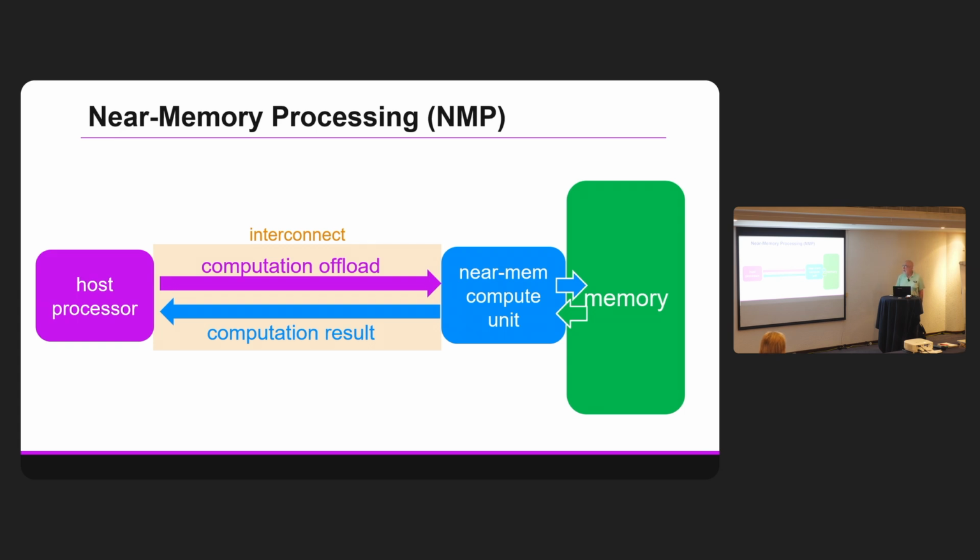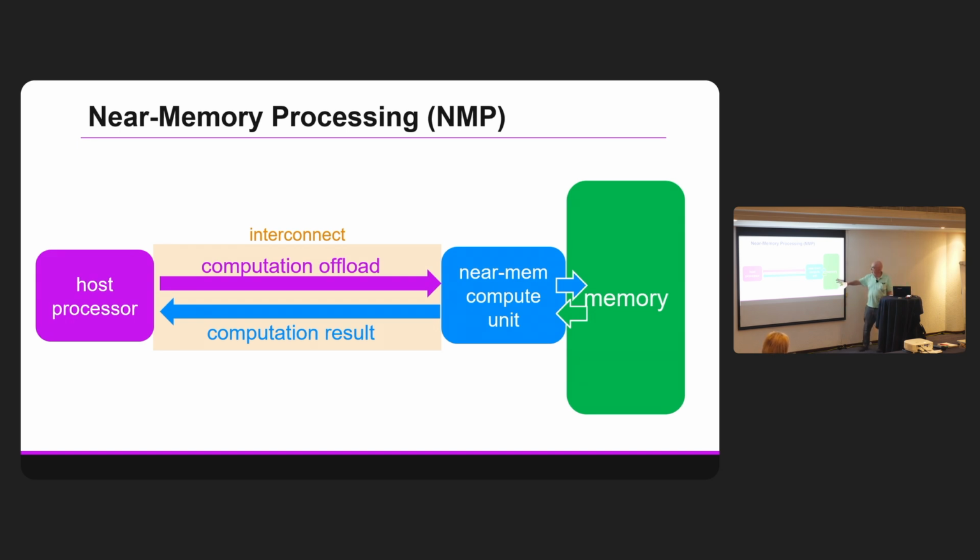So there's been a kind of movement. This has been studied for decades on and off. Sometimes it's popular and sometimes it's not so popular, called near-memory computing. And here the idea is we take a very simple processor, an in-order processor, no cache coherence, no address translation, none of those fancy things.